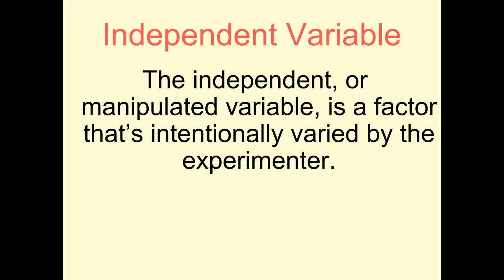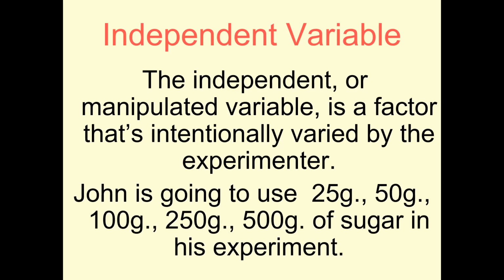It is changed intentionally by that person. Just remember that. The next. So in John's case, he's going to use 25, 50, 250, 500 grams of sugar in his experiment. That's a lot of sugar.